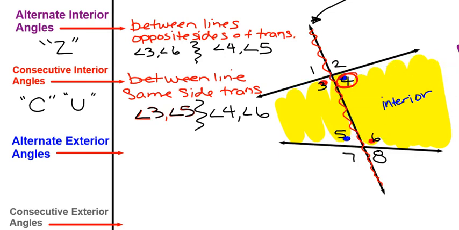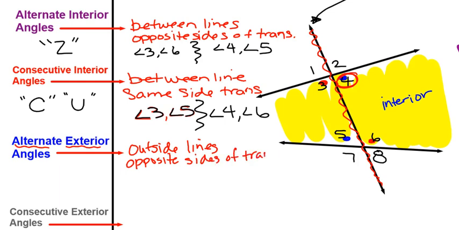And let's talk about alternate exterior angles. Well, think about this. Alternate and exterior. They need to be outside the lines, and they need to be on the alternate side, so they need to be on opposite sides of the transversal.